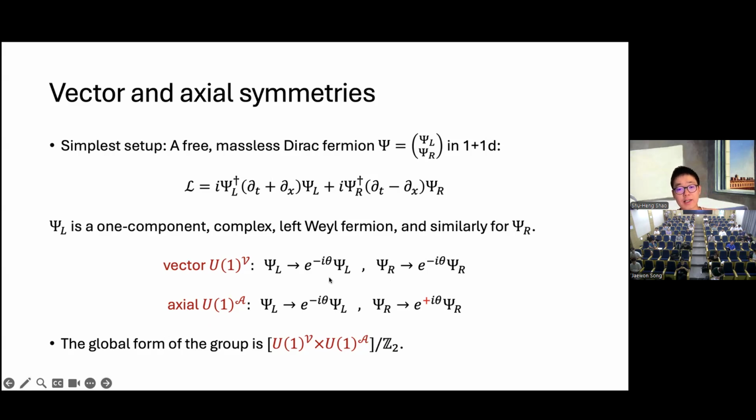What this means is that if you take theta to be pi for the vector U(1), that acts in the same way on the fermions as the axial one with theta equal to pi as well. In both cases, that Z2 element just flips the signs of both the left mover and the right mover. Since they share the same Z2, the global form of the group has this Z2 quotient. It's not terribly important for the talk today, but it's good practice to keep track of the global form of the global symmetry.